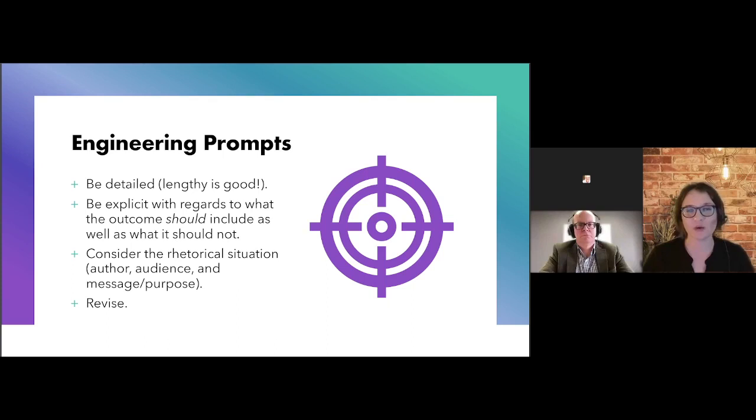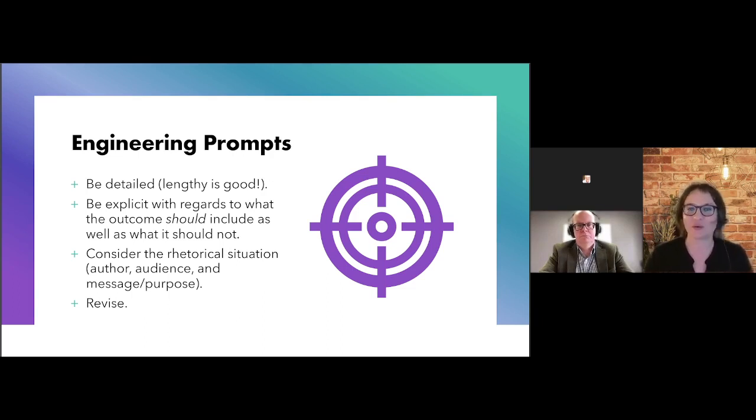Okay. When you are engineering these prompts, there are a few things to keep in mind that I hope you maybe have started picking up on just from the 2 sample prompts that we looked at. One is to be as detailed as possible. So we're all in a place where we have been kind of trained for years and years to be as concise as we can.